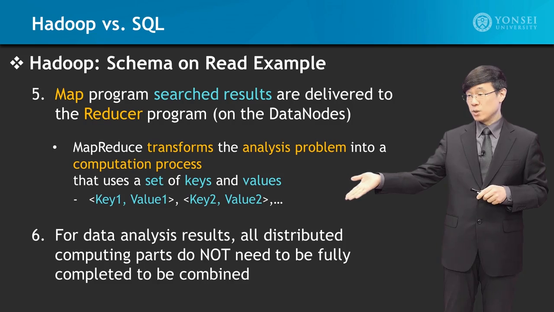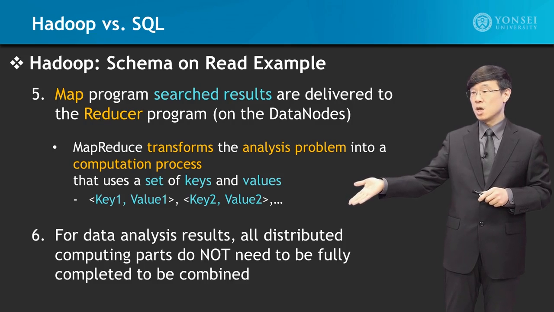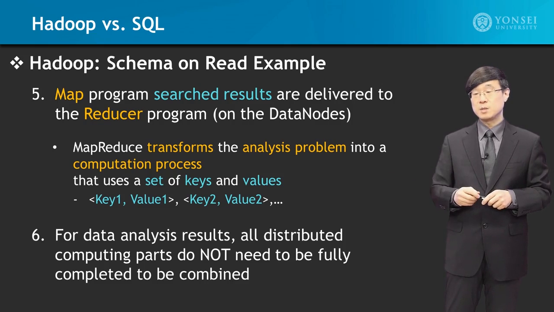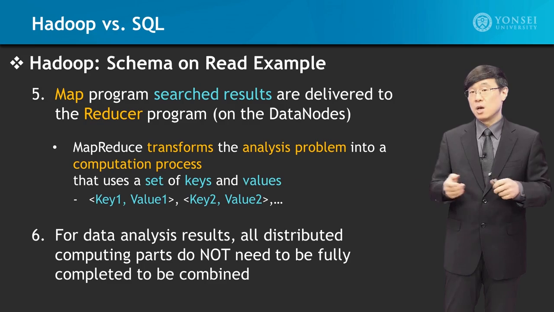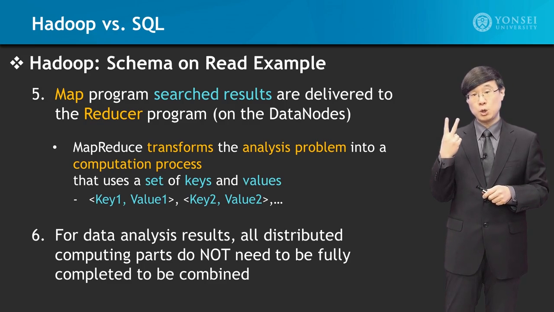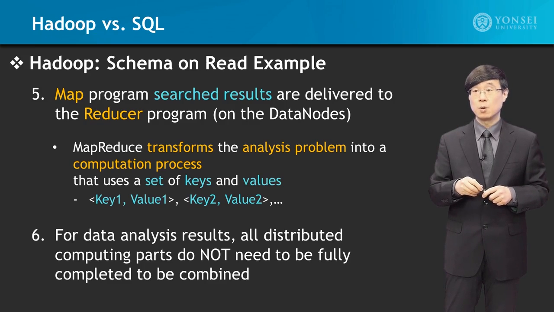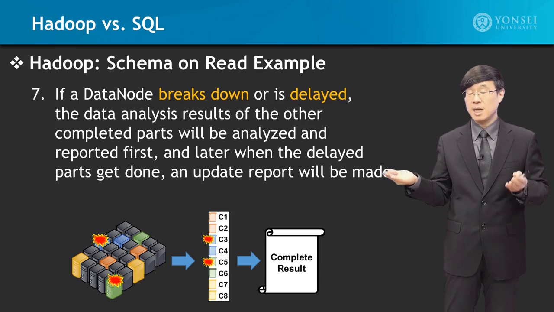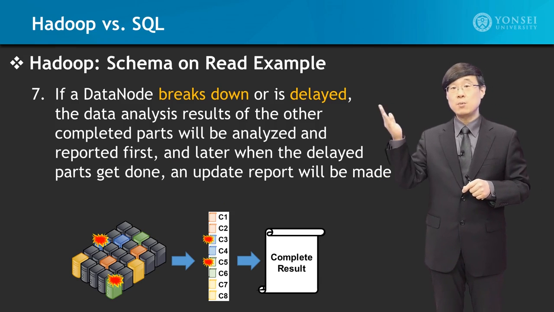For data analysis results, all distributed computing parts do not need to be fully computed to be combined. This is because we made replicas. We had a replication factor of 2 in this example, so any one part of the 2, if it's completed, it's good enough. So I had C1 and C2.